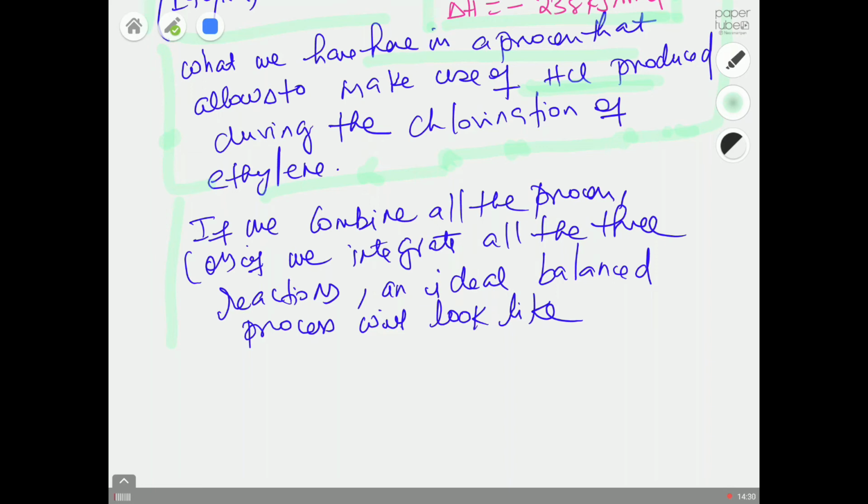So if we combine all these processes, which are direct chlorination followed by pyrolysis, and then the third process, oxychlorination of your ethylene, we can integrate all these three reactions. At the end of the day, an ideal balanced process will look like this.